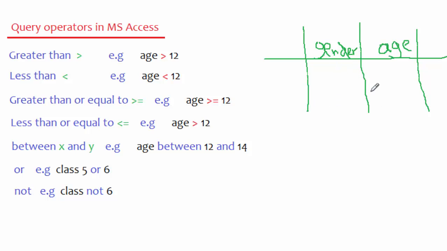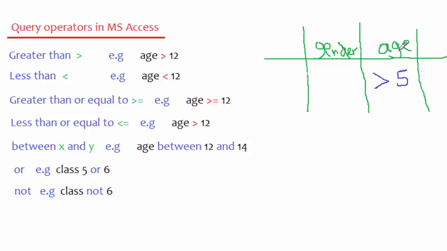If, for example, I want to search students whose age is 5 years and above, in that case, I will use the greater than sign. I will just come to the column for the age and write greater than 5.